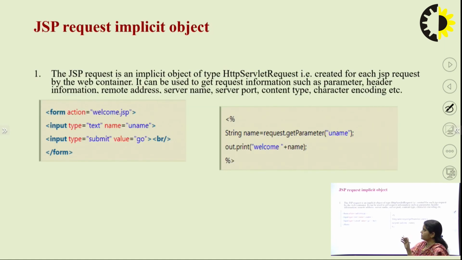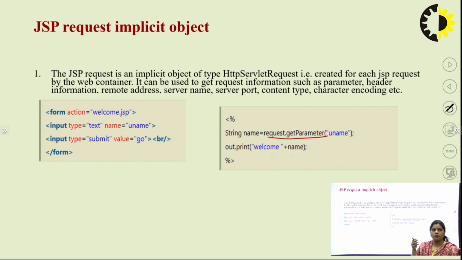Now the next one is the JSP request implicit object. Here we have a form, a text box, and a submit button, and with the use of a scriptlet tag we have String name equal to request.getParameter. Basically, the request implicit object is created by the web container for each JSP request. It can be used to get request information like parameters, header information, remote addresses, server names, port, and content type.